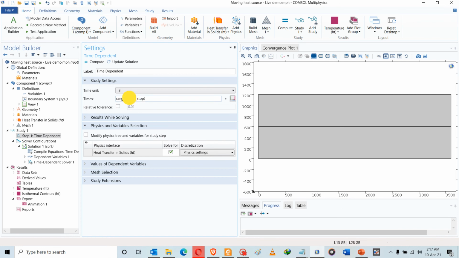Let me make the time step the pulse width. Does it matter? Let's not change that. For 0.48 second, I want this computation to be fast. A step of 0.1 is going to be very coarse. Okay, let's go 0.01.